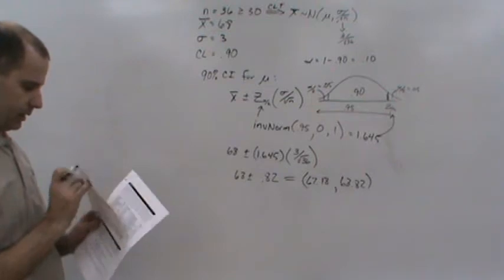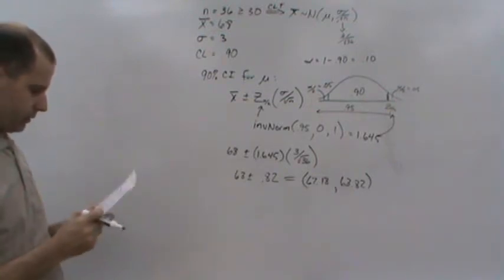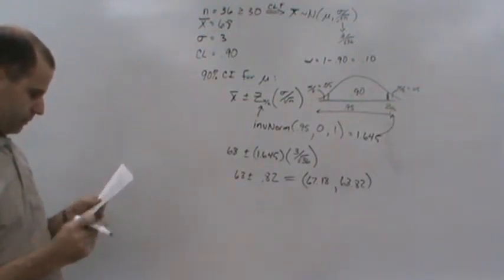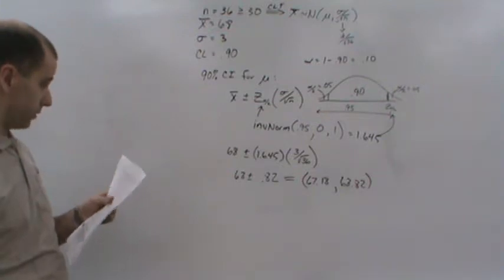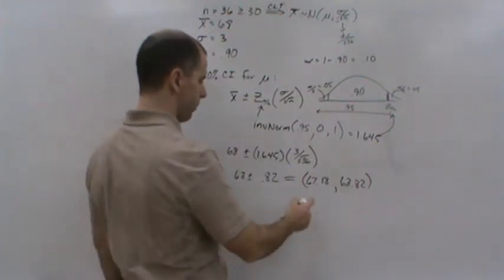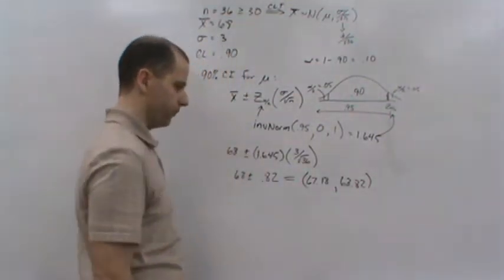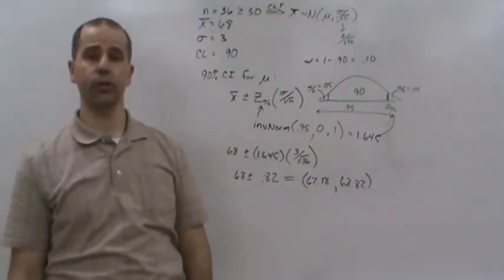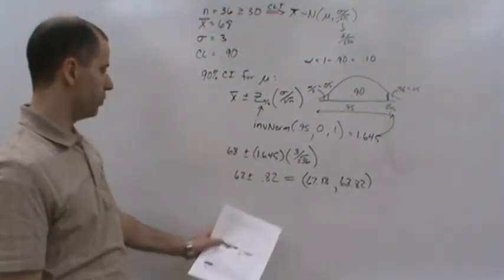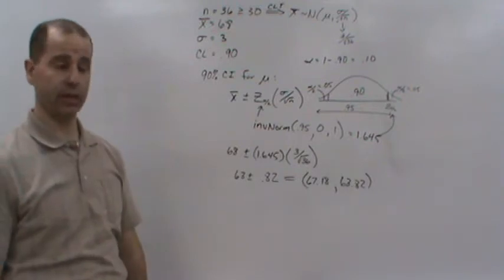And let's see if we did it right. That is correct. So this is our confidence interval. Okay. So the other thing too is we can do this using the formula, but it's easier if we use the function.